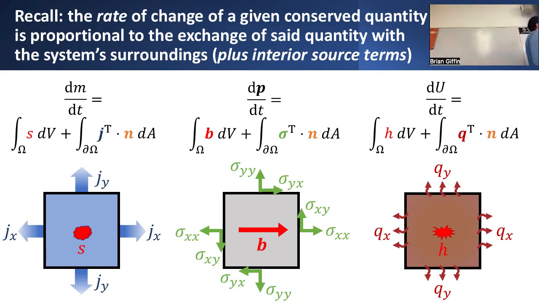Hence, we came up with this object, the stress tensor. If I wanted to know the particular components of traction, or force per unit of area, acting on any one of these different faces, I could get them by taking a matrix-vector multiplication of the stress tensor with the corresponding surface normal vector.